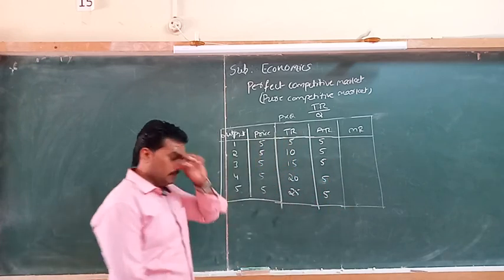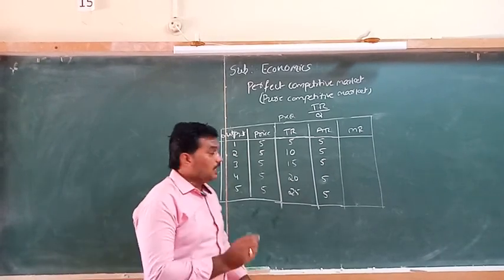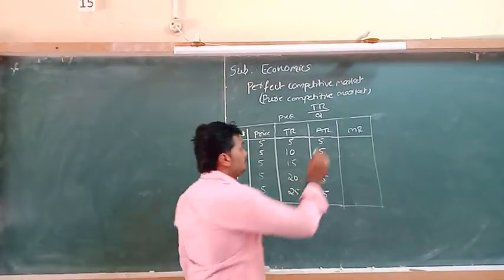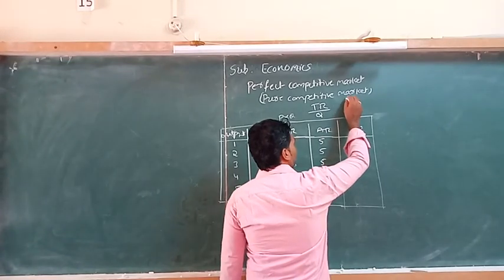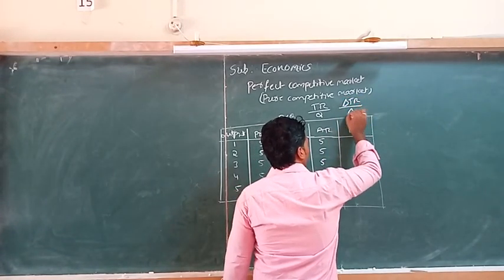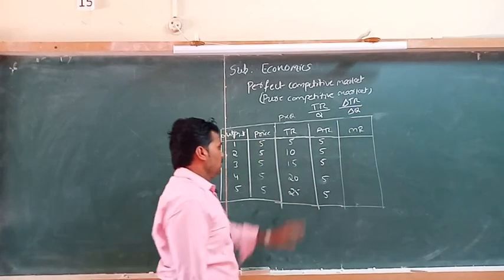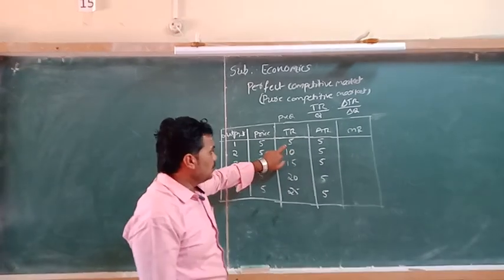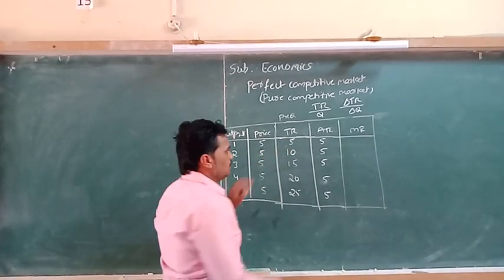Then marginal revenue. I told you the calculation of marginal revenue: change in TR divided by change in Q. For the first unit, TR and MR are the same, 5.